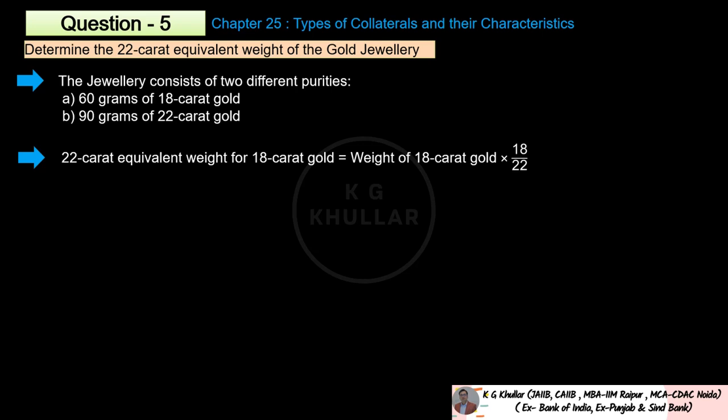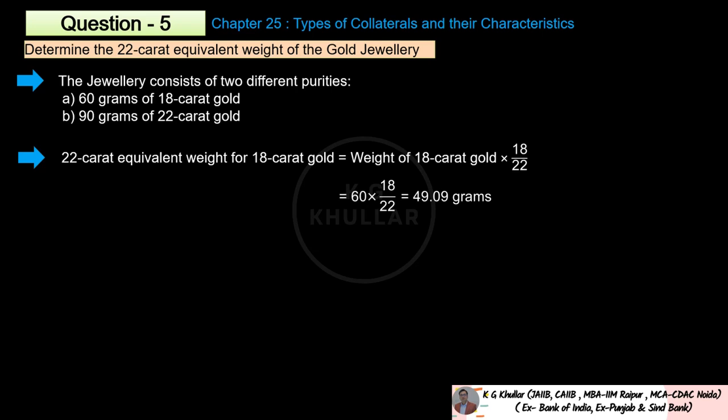Since the value of gold loans is generally standardized to 22 karat gold purity, we need to convert this 18 karat weight into 22 karat equivalent using the formula: 22 karat equivalent weight for 18 karat gold equals weight of 18 karat gold multiplied by 18 divided by 22, which equals 60 multiplied by 18 divided by 22 equals 49.09 grams.